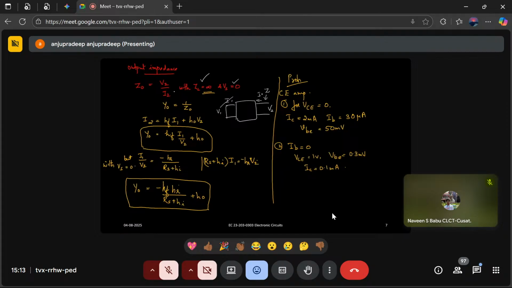Okay. So Z0 is this, and Y0 admittance is equal to 1 by Z0. Now the equation you have already discussed, that is I2 is equal to HF into I1 plus HO into V2. So Y0 will be equal to HF into I1 by V2 plus HO. You are dividing the entire thing.